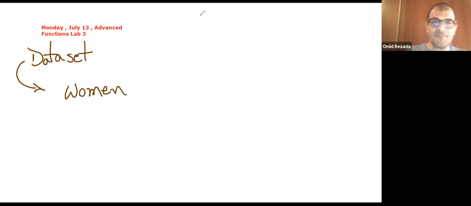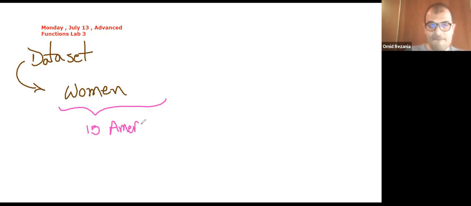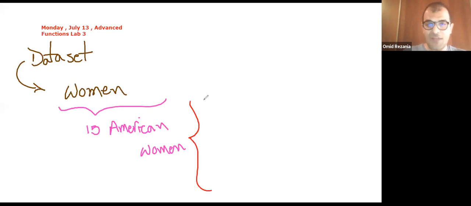These data sets was essentially a summary of 15 American women, for which we got 2 characteristics of them. The first thing which we got from them was the height. And the second thing was the weight.